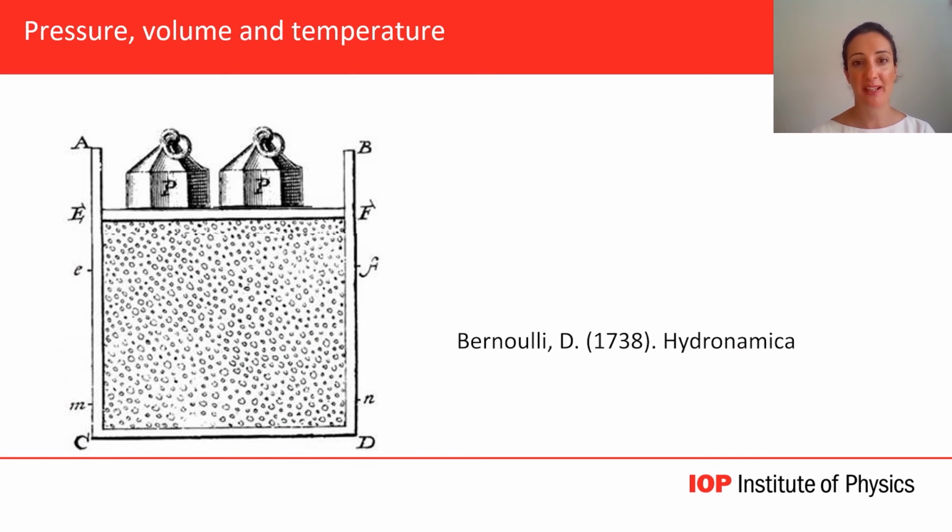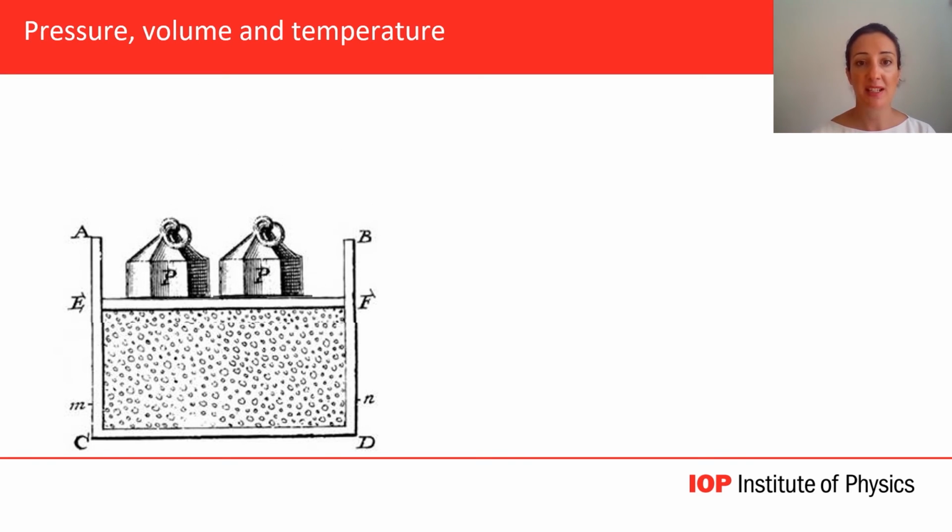Going back to Bernoulli and his model for the kinetic theory of gases, not only did he theorize that particles exert a force or pressure on the wall of a container, but also that a relationship exists between pressure, volume, and temperature. If the volume of a container is decreased, there will be a greater number of molecules hitting the inside of the container per second.